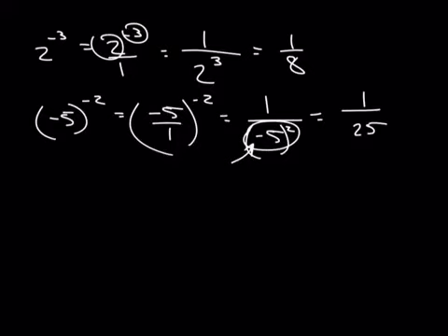Alright, let's look at the C part of this problem. And C says negative 5 to the negative 2. Okay, again, what numbers are we considering? The 5 and the 2. Okay, we really don't care about this. It's not in parentheses, so this isn't really part of the 5. It doesn't really matter.